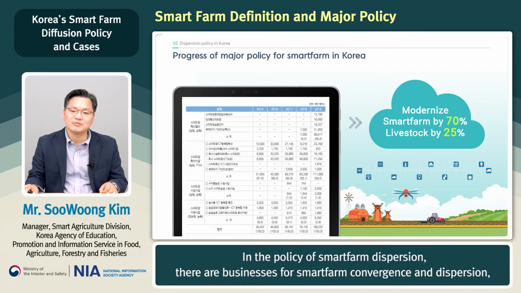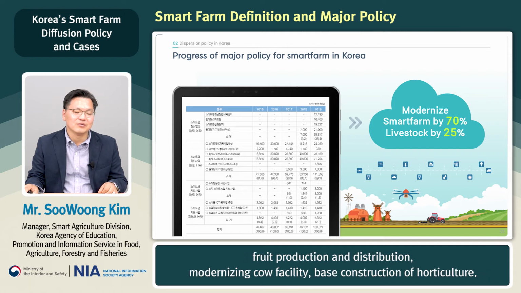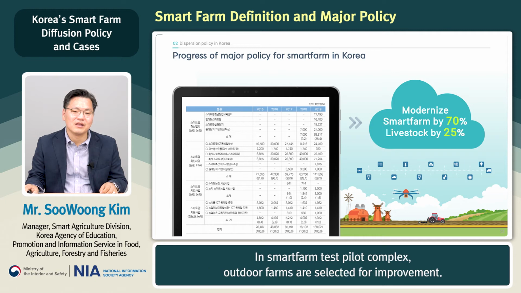In the policy of smart farm dispersion, there are businesses for smart farm conversion and dispersion, fruit production and distribution, modernizing cow facilities, and base construction of horticulture. In the smart farm pilot complex, outdoor farms are selected for improvement.